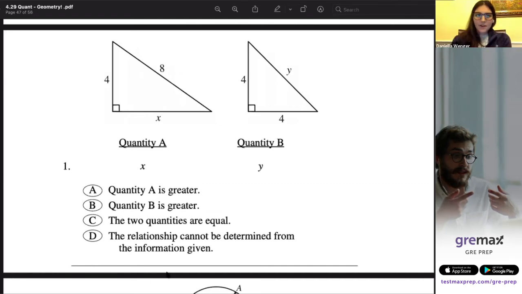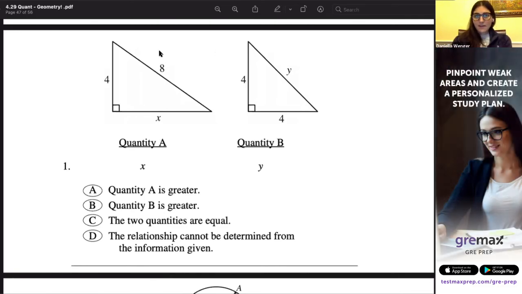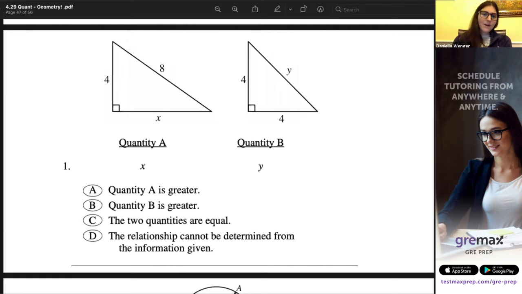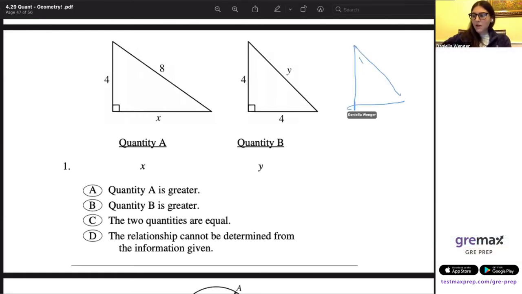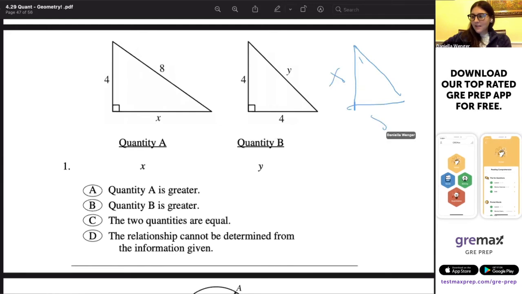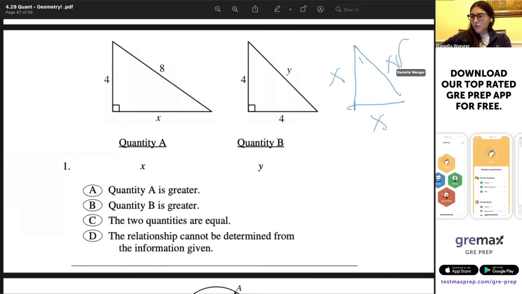So what we see here are two different triangles. Both of them have right angles. One has a 4 and a 4. And what does this remind us of? This reminds us of the framework that we learned before of the x, x, x root 2 right triangle.